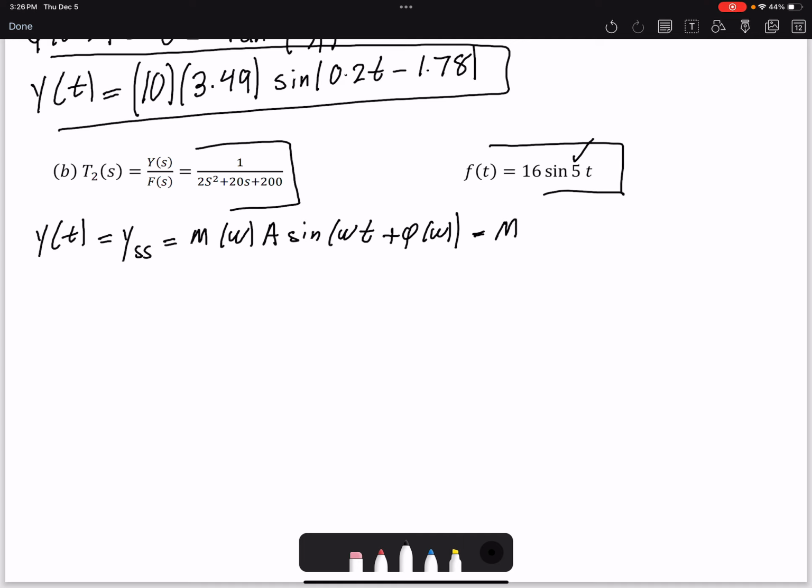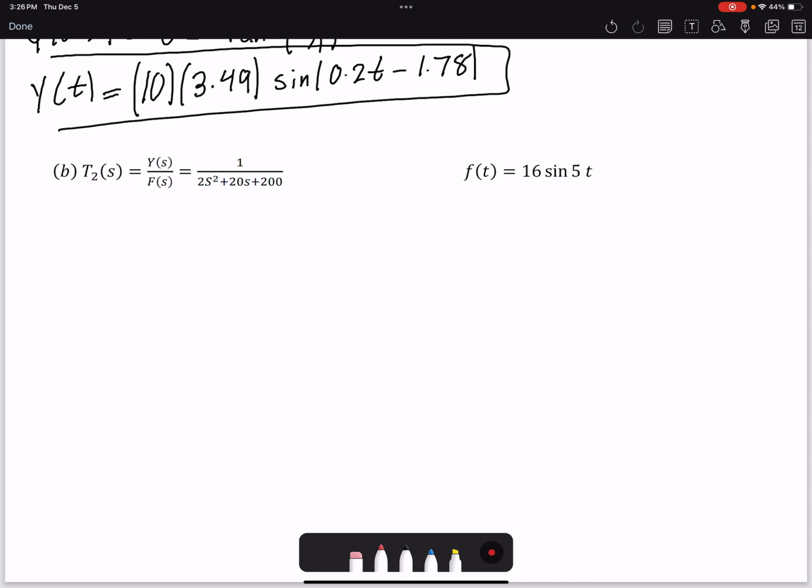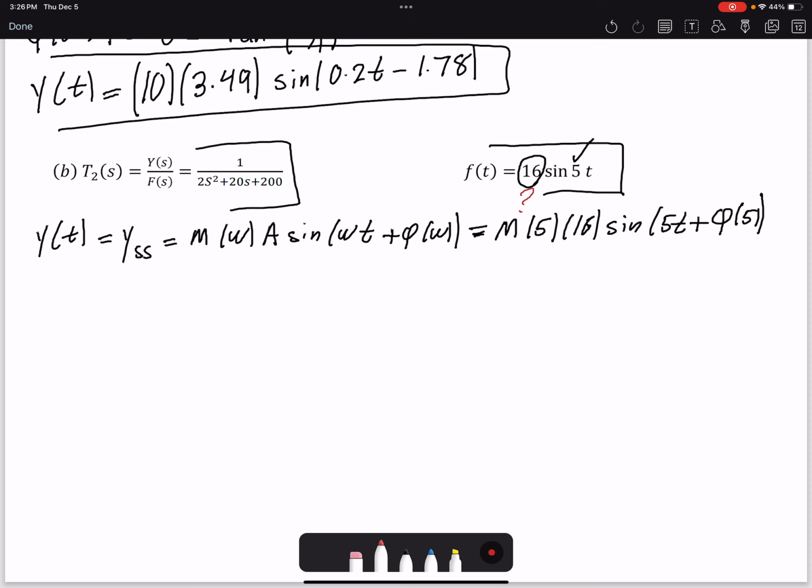So I will write M(5). What is A? A is this amplitude, which is 16. Sine of 5t plus the phase change. So my job is to find the change in amplitude and the change in phase. I need to find these two values.